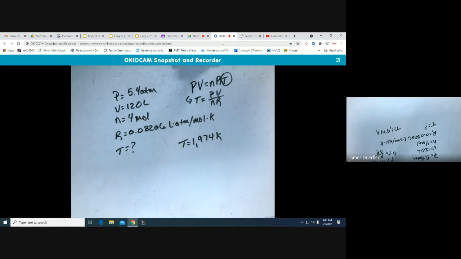It is that big. Okay. Right. Think about it, the volume itself, to think about 5.4 atmospheres, that's an incredible amount of pressure, honestly, to have in a container like that.